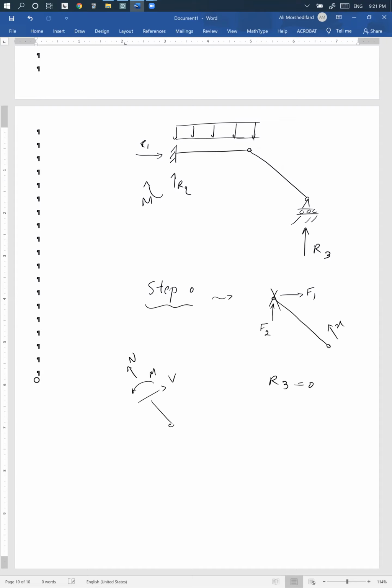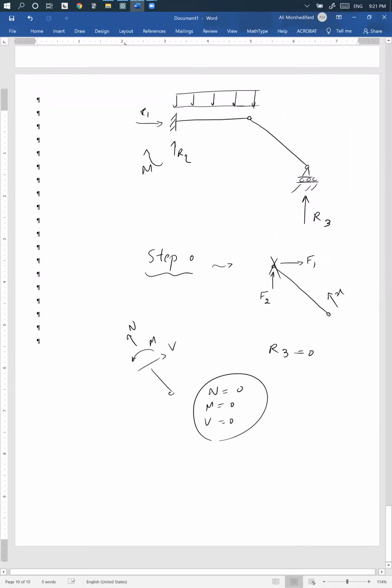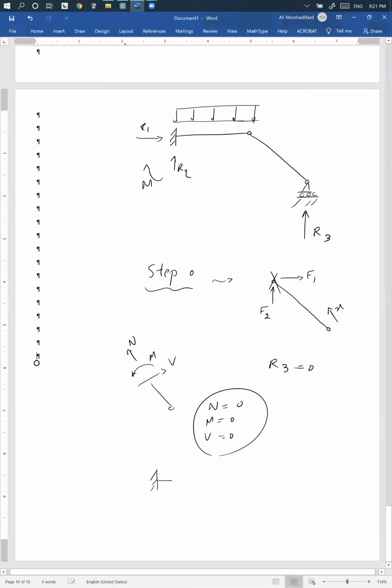However you put these coordinates, N0, M0, V0 for this segment, right? And so basically your problem becomes a cantilever with a distributed load, which is simple to solve, right?